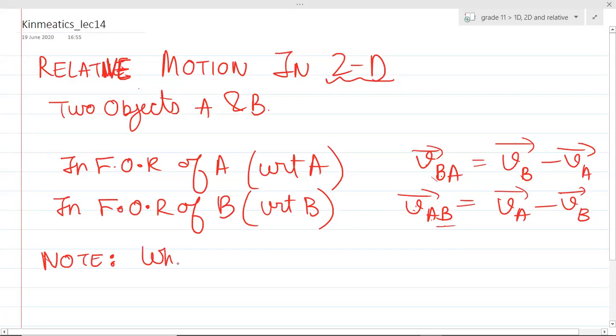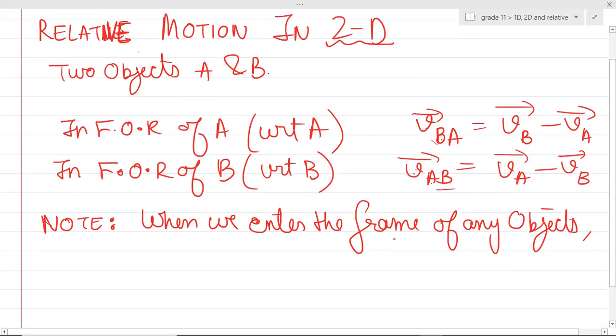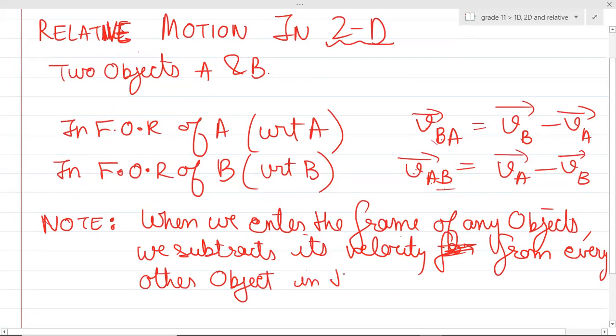When we enter the frame of any object, we subtract its velocity from every other object in the system.